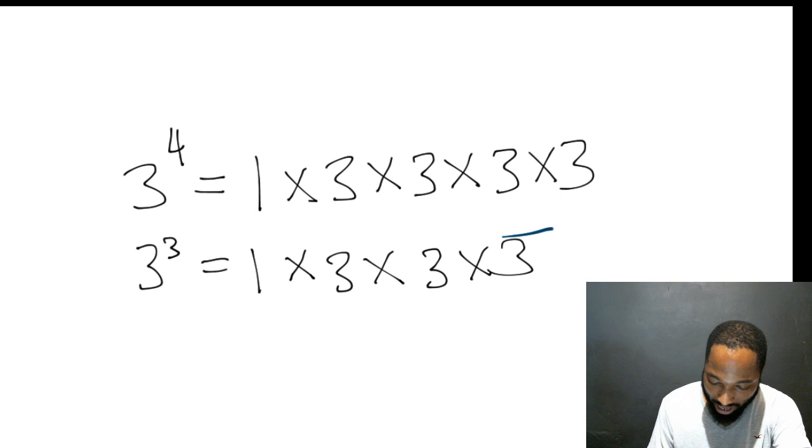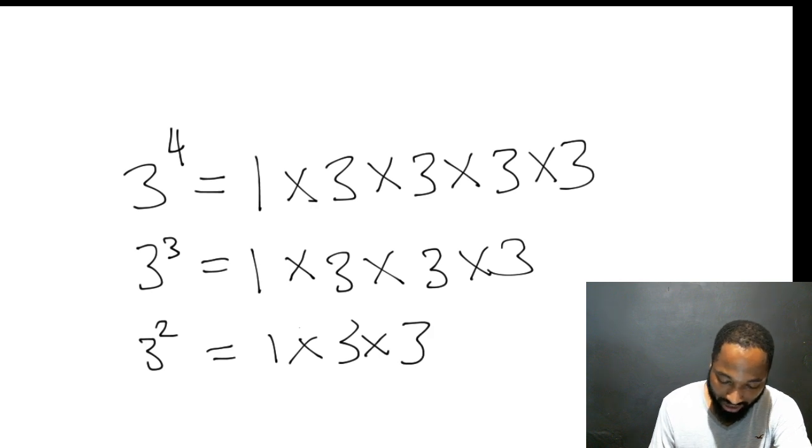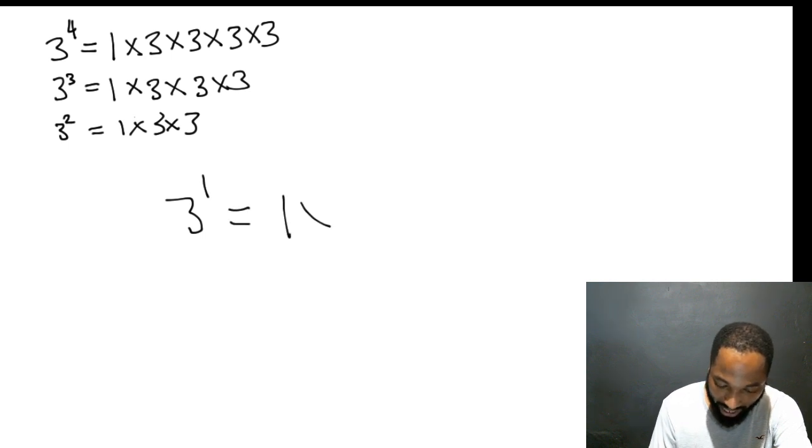Are you seeing that I put 3 times here? If I put 3 to the power of 2, it means 1 times 3 times 3. And pretty soon, you see what's going to happen here? 3 to the power of 1 is going to be 1 times 3. By the way, this is 3.